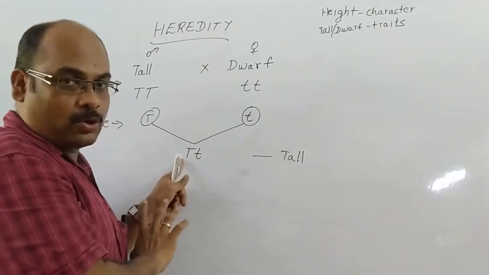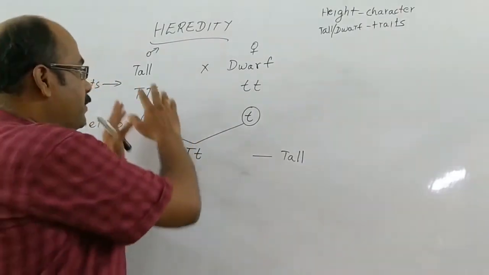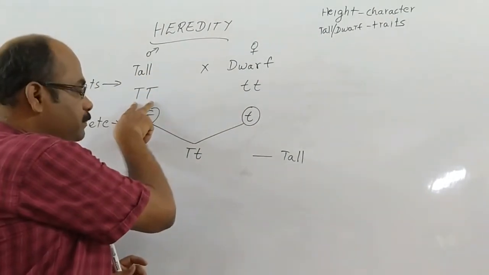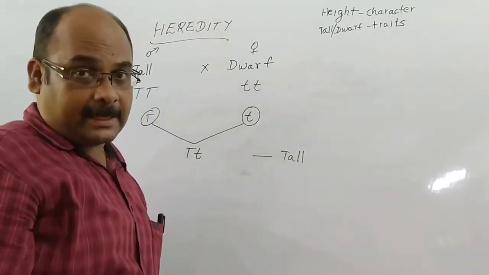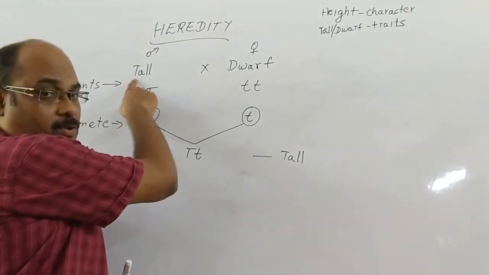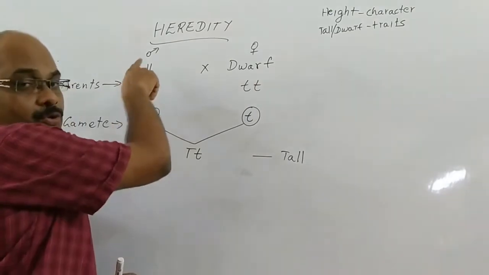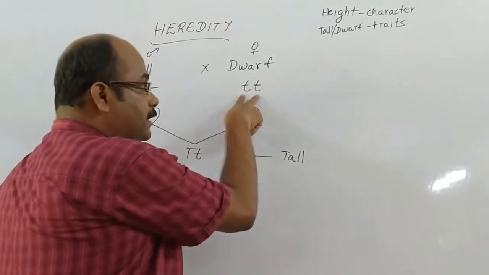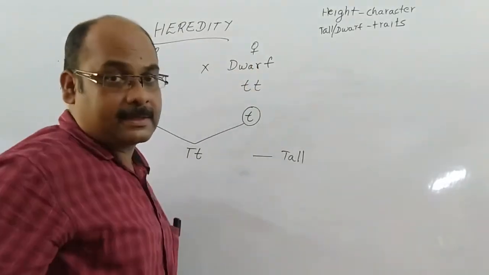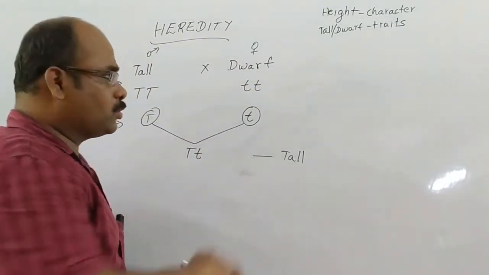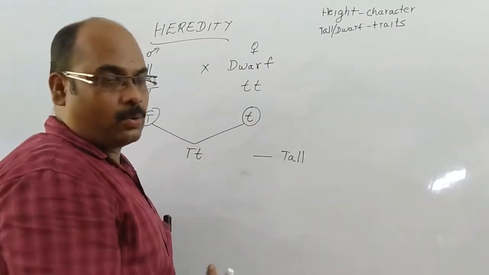Here tall is shown, dwarf is not shown, so we take tall, and its first letter is T. We use the capital letter to denote the dominant alleles, and a small letter to denote the recessive alleles. So that's how you take the letters. Don't take D, or the answer will go wrong.